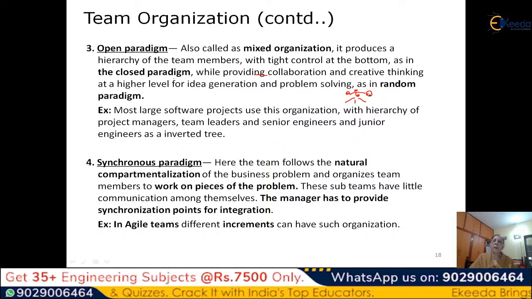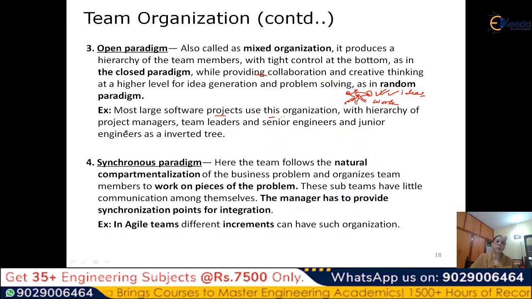So at the top the people interact, but at the bottom level they don't interact. They take instructions. All the innovative discussions and ideas come at the top, but at the bottom it is work and instructions. So you get the advantages of both. Most large software projects will use this organization.